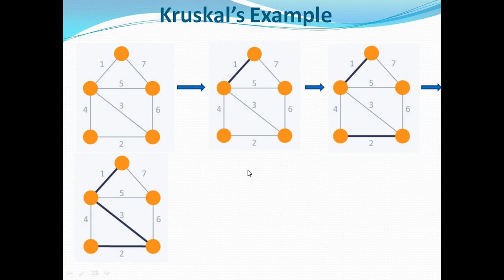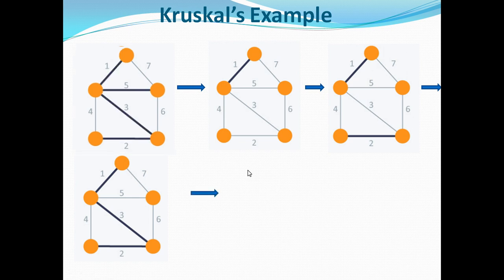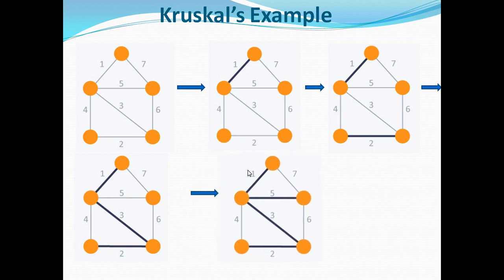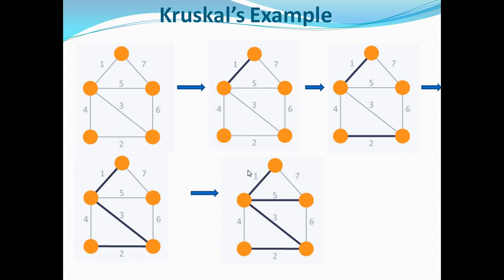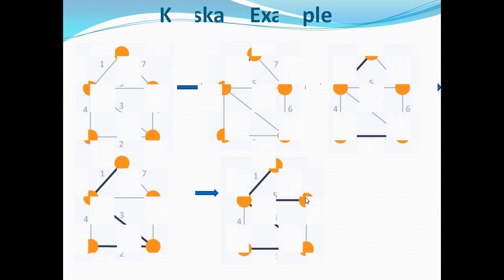So we skip this 4 and move to the 5. And the same condition applies for 6 also, because 6 also creates a cycle. 7 also creates a cycle.